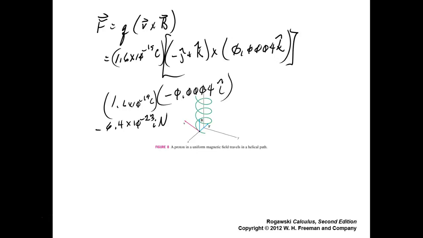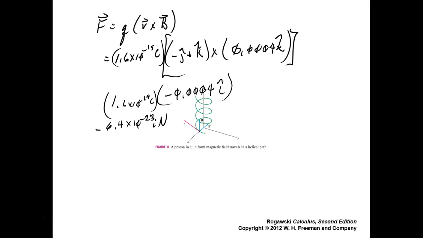But then remember, this is a tiny little object. It's a proton. And so basically what that does for you, it gives you in the xy plane basically uniform circular motion.